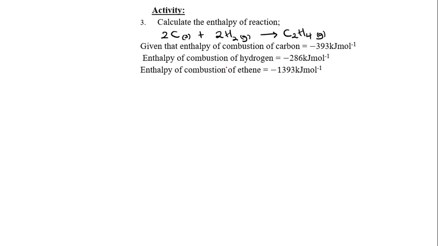So the first thing to do, we are going to write the equations for the combustion of these elements and this gas ethane. For carbon, you know that carbon is a solid. It will burn in excess oxygen to form carbon dioxide gas, and it will release 393 kilojoules per mole.